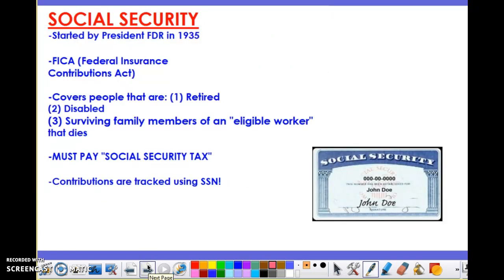So a little bit more about Social Security. Social Security was started by President FDR, Franklin Roosevelt, in 1935. And what he instituted was something called the Federal Insurance Contribution Act, or we just call it FICA here.